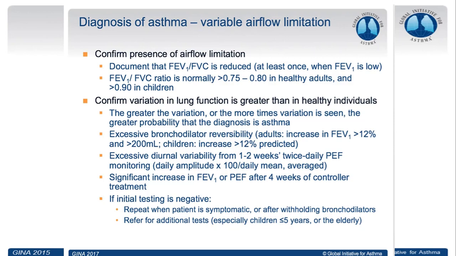And there should also be variability, that means after giving the patient salbutamol or a bronchodilator there is an increase of more than 12% in the FEV1 before and after bronchodilator. I mean an increment of FEV1 of more than 200 ml.